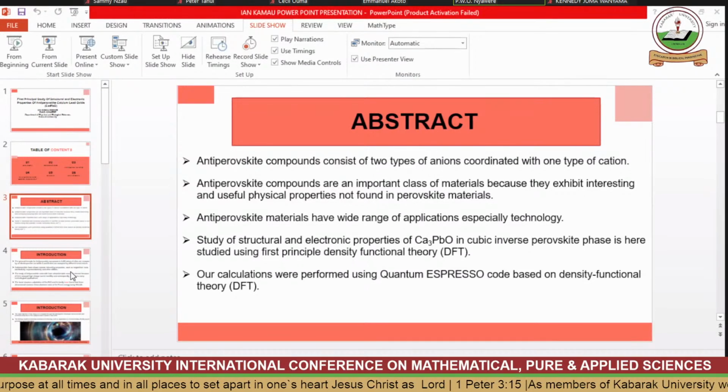The study of structure and electronic property of calcium lead oxide in cubic inverse perovskite phase is here studied using the first principles density functional theory, which in abbreviation we can say DFT, as used later on the slides. Our calculations were performed using a software called Quantum Espresso, a code based on density functional theory.